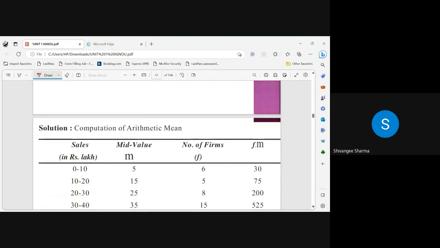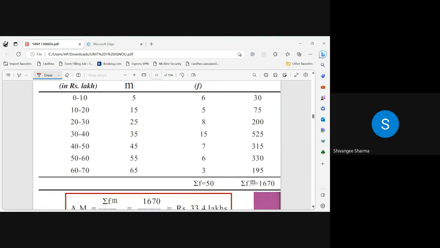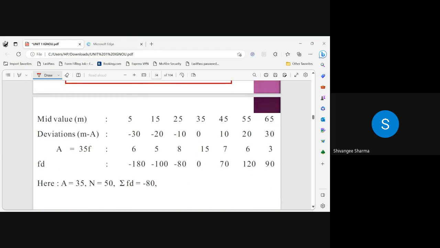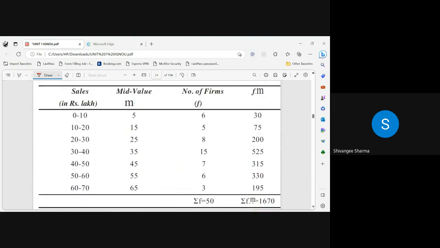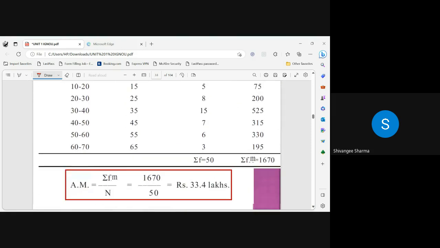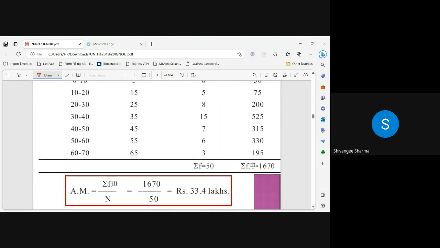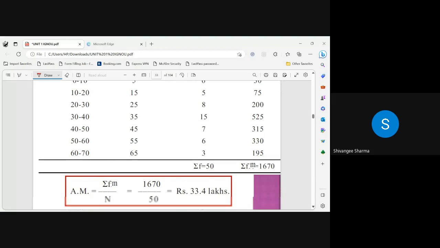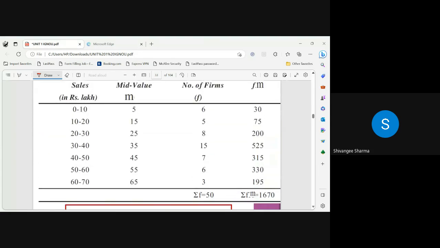Now let's take an example for this. The same example we can take. This was already discussed with you. I have explained the same example with the shortcut method.